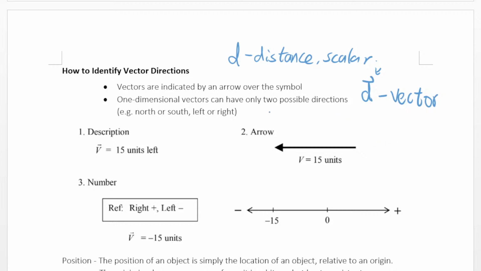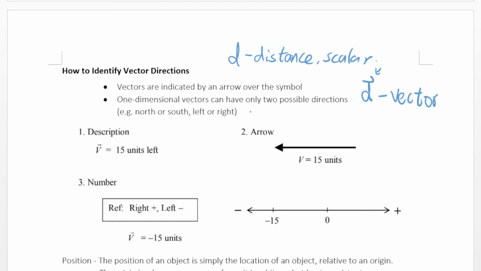Okay, it's very simple. In Science 10, you'll only be dealing with one-dimensional vectors, so there's only two possible directions. Either it's, for example, north or south, left or right. You'll never go, I'm going to go left, then go up, then go south, and then turn around and go diagonally. You will learn about that in Physics 20, two-dimensional vectors, and it's very exciting.